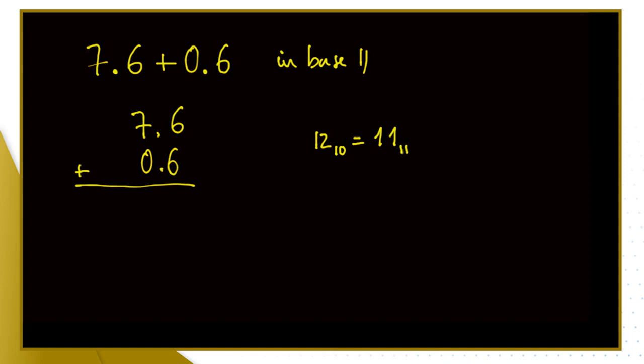Okay, so it's going to be 1, 1. That means I put a 1 here, the units 1, and this other one for the 11 place value is going to go there on top. And I've got 1 plus 7 plus 0. That makes it 8. 8 is still less than 11, so it's a number we're allowed to use. And there we go. The result of this sum, 7.6 plus 0.6 in base 11, is 8.1 in base 11.